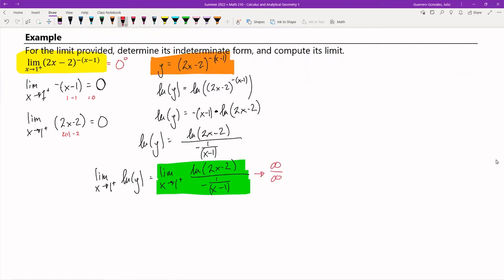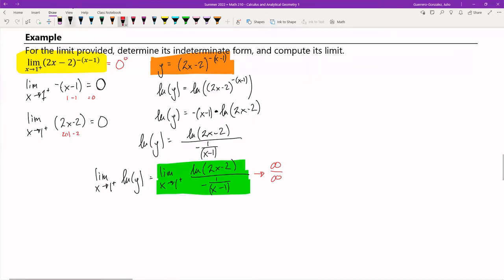Infinity over infinity. So we have yet another indeterminate form, right? Okay. But now we have it in a fractional form that is dictated from L'Hopital's rule. So this is the thing that we're going to be using L'Hopital's rule on.